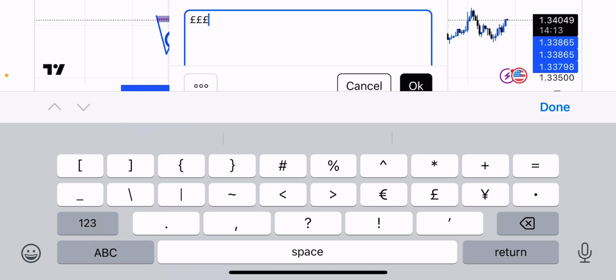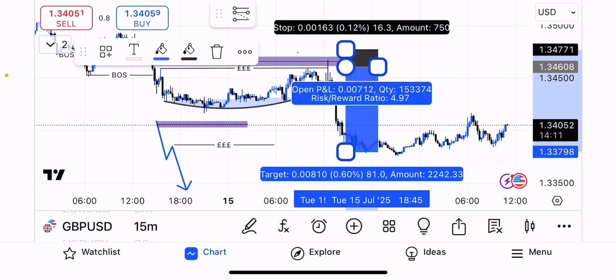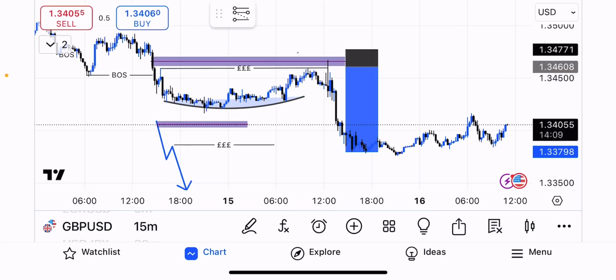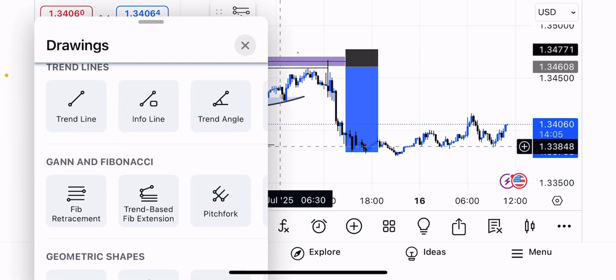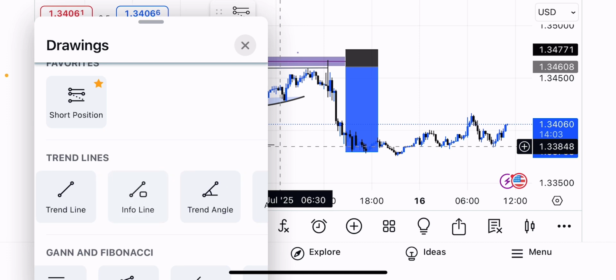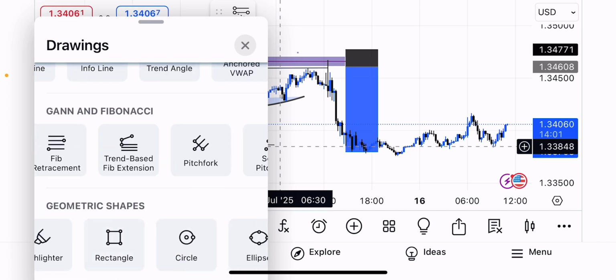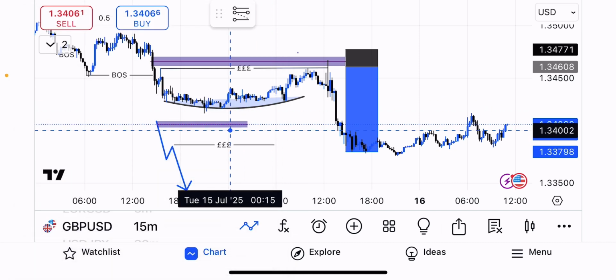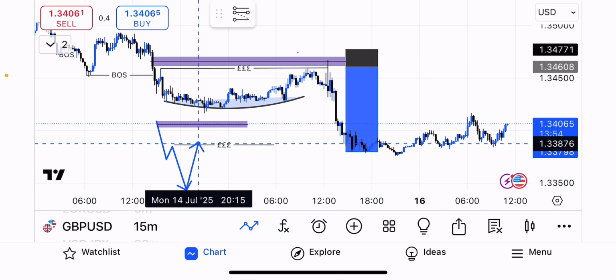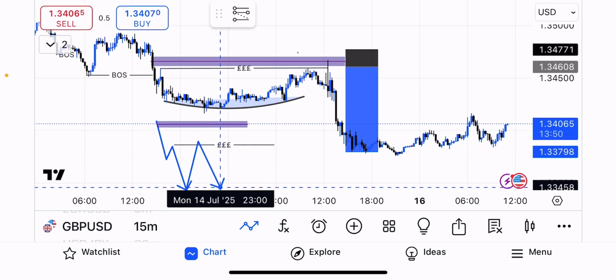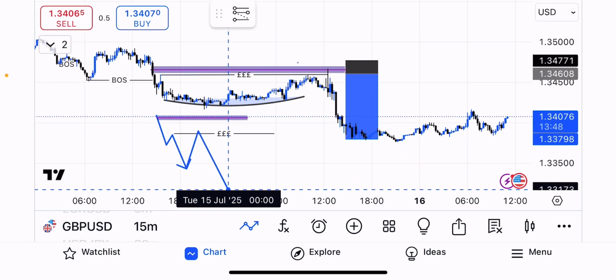Price can just tap into it like this. Price can decide to come up, sweep it a little and reverse downwards.